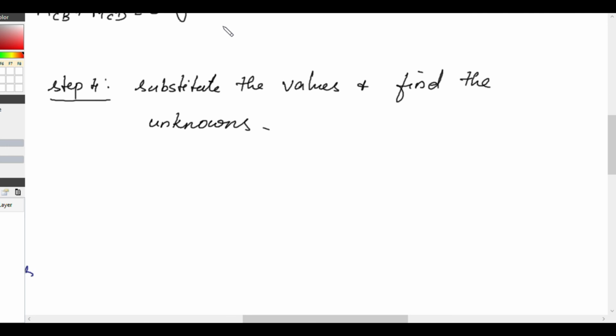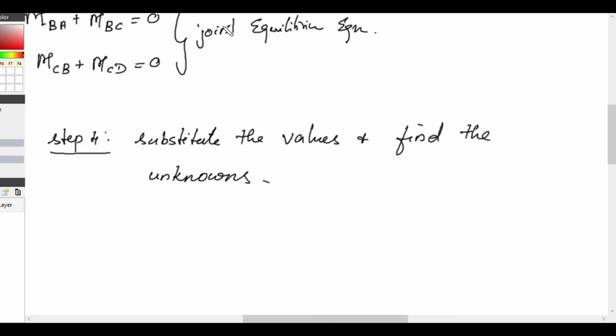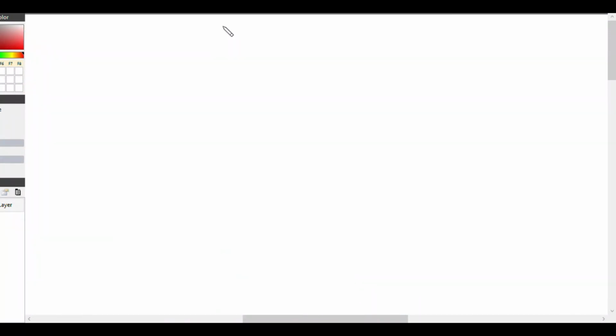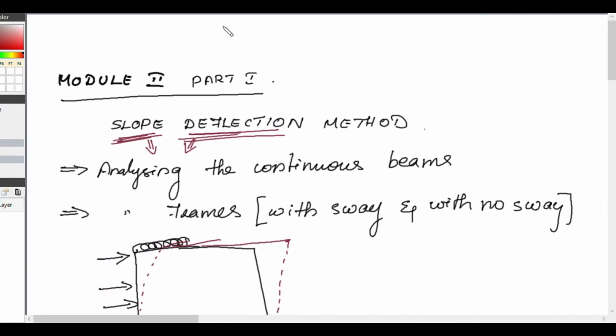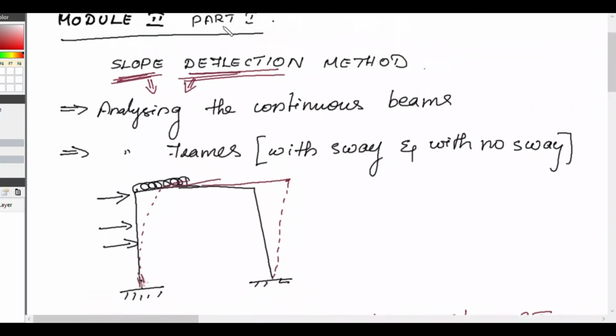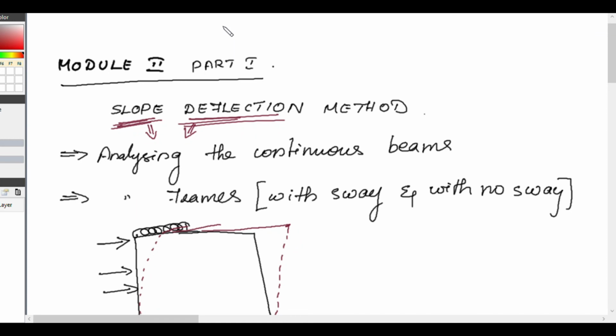So these are the steps which will help you in analyzing a continuous beam using the slope deflection method. So only 4 steps. First step, write the fixed end moments. Second step, write the slope deflection equations. Third step, write the joint equilibrium equations.